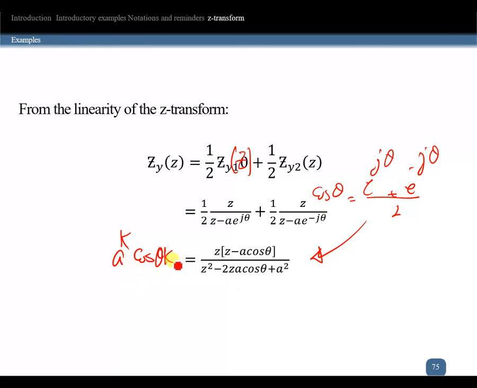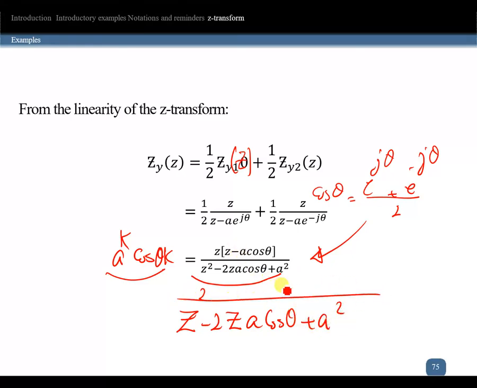This is the z transform of this signal. Keep in mind, the denominator will be z^2 minus 2za cosine theta plus a^2, and the numerator will be z times (z minus a cosine theta).